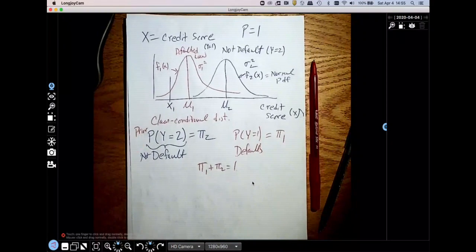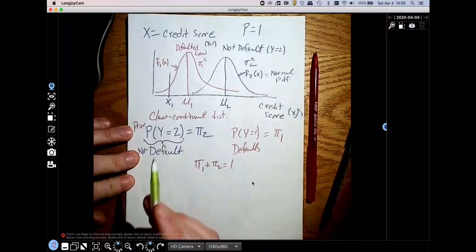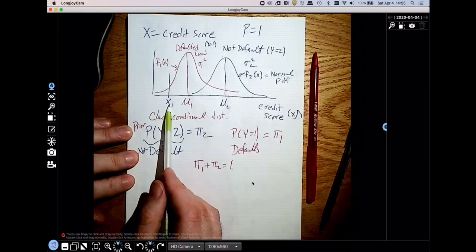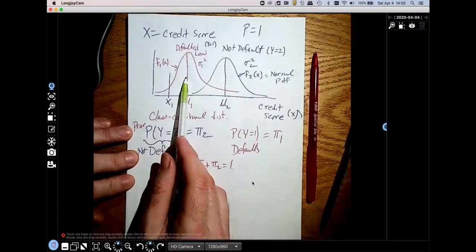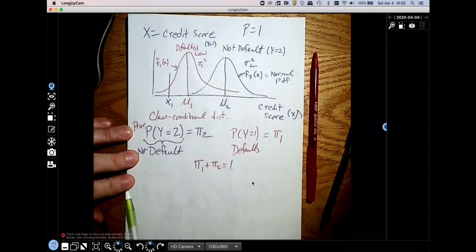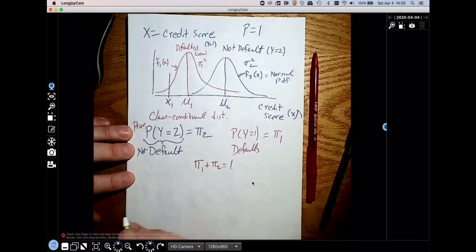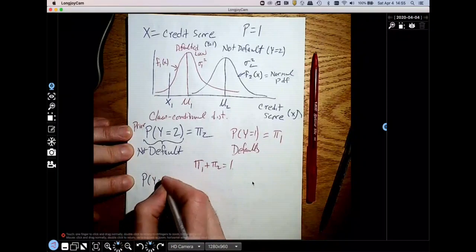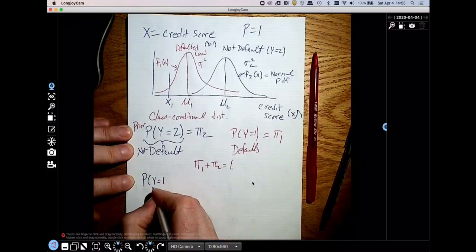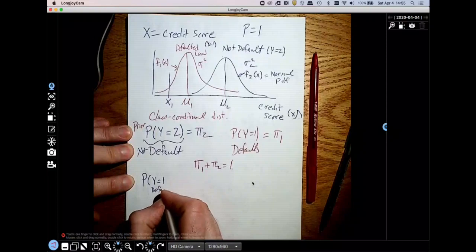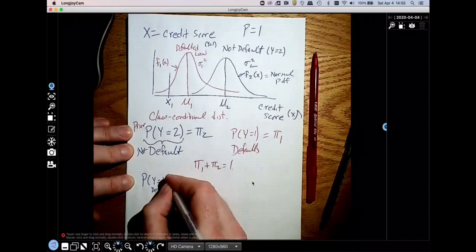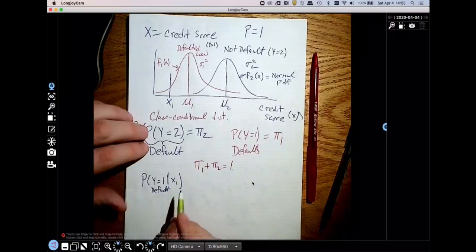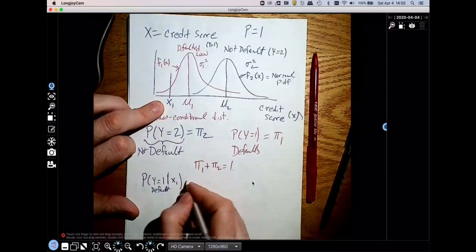All right, so the posterior distribution would say, how likely is it that someone with this credit score defaults versus doesn't default? So I think in this case, the probability that y is equal to 1, in other words default, given x1, would be pretty high.